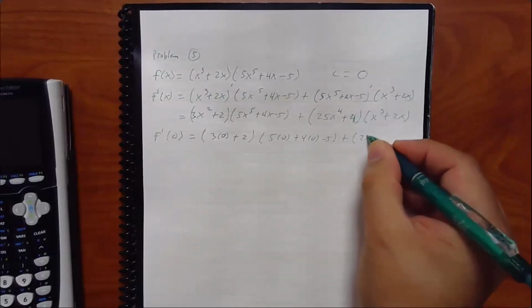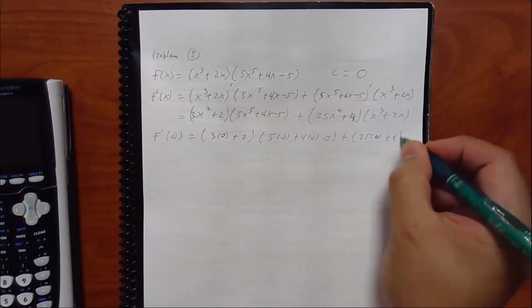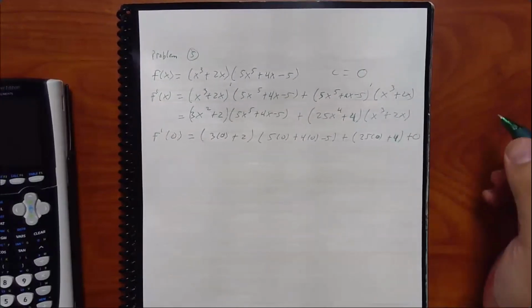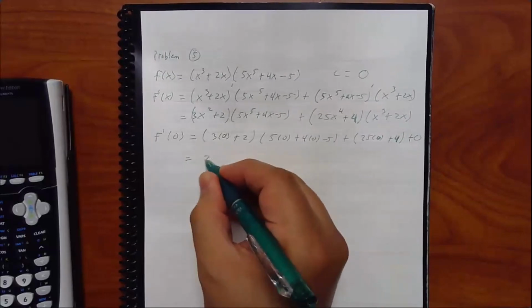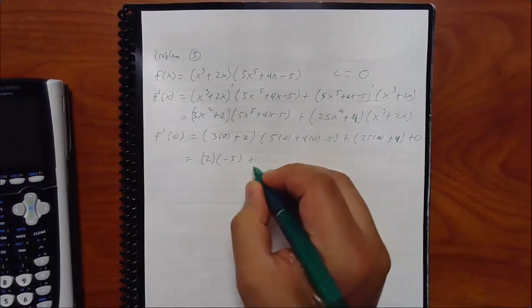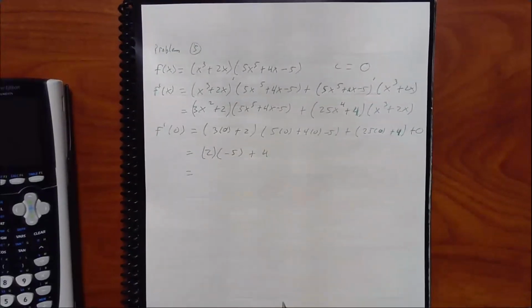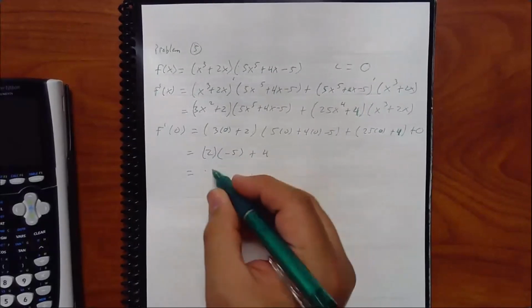Yeah. Sorry. No, you're good. There we go. So that's going to be 0. So then we'll end up with 2 times -5 plus 4. So -10 plus 4, -6.